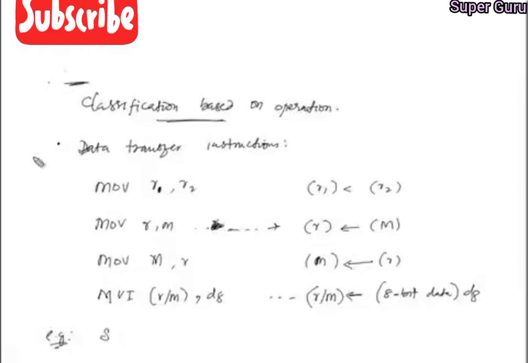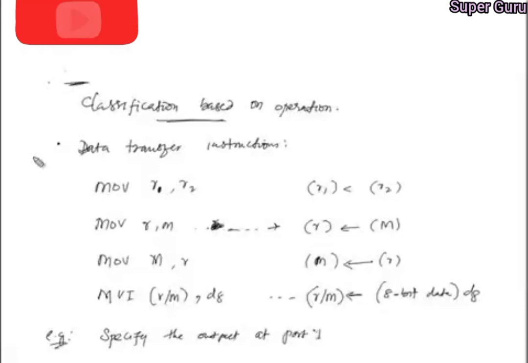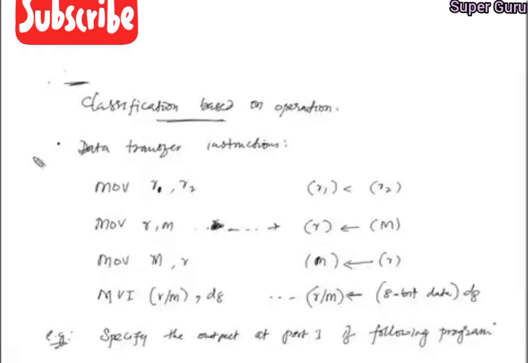The problem is: specify the output at port 1 if the following program is executed. What is the program?